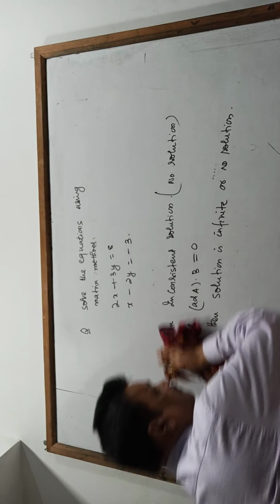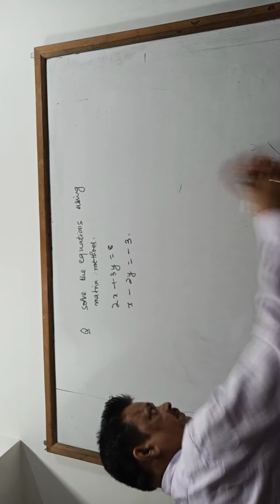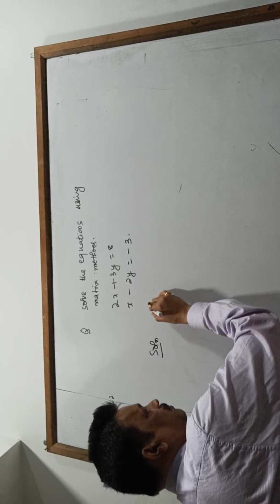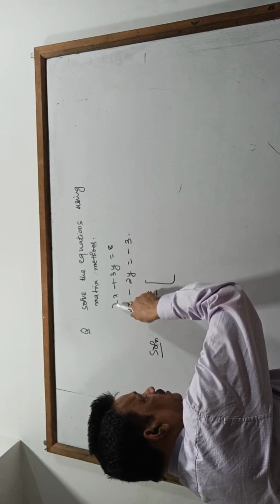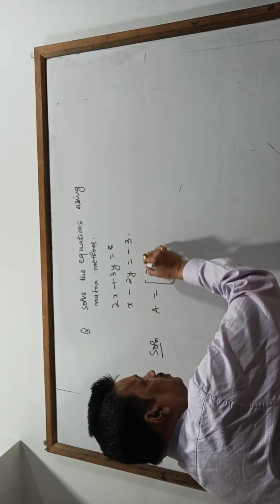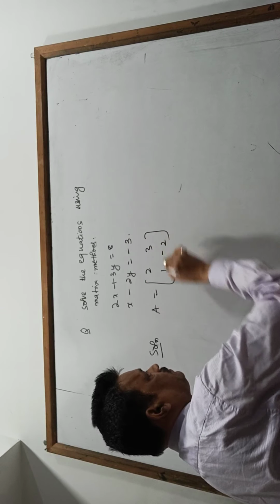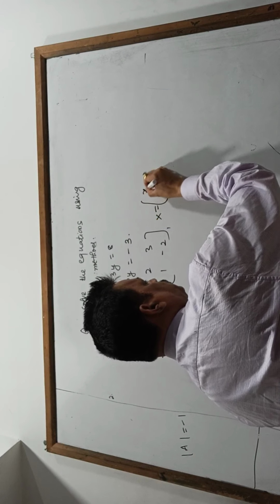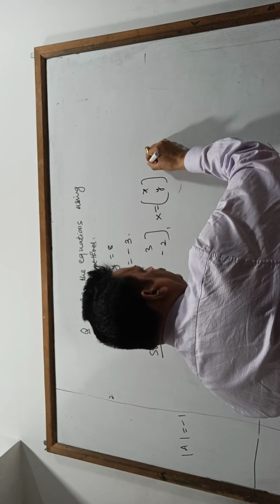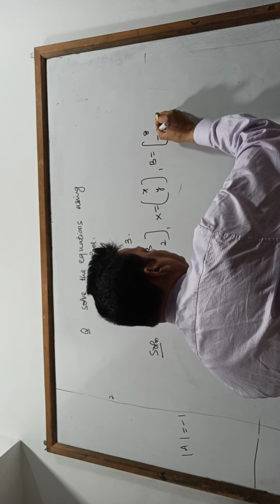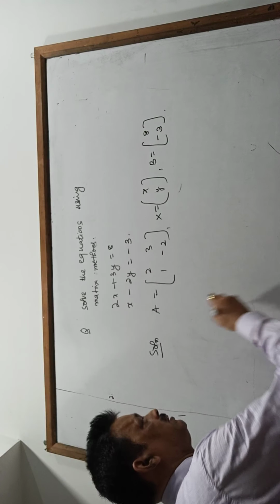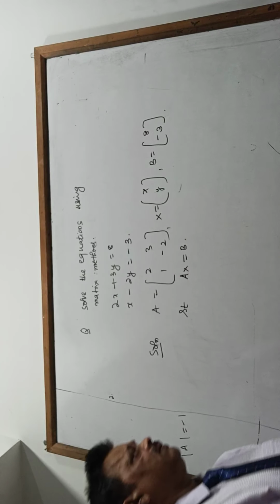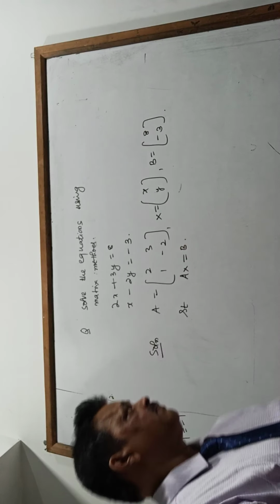So what I'll do is, first you write A will be the matrix whose elements will be the coefficients 2, 3, 1, minus 2. Then two variables, X will be x, y and B will be 8, minus 3, such that AX equals to B.